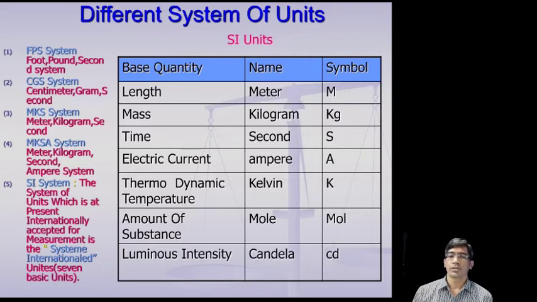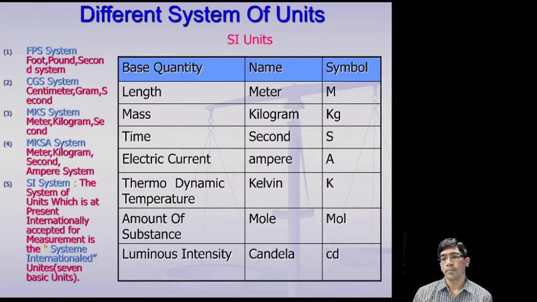So in the SI units we take the base quantity, their name and their symbol, which is given in this table. For length the name of the unit is meter, symbol is small m. Time is second, s. Mass is kilogram, kg.